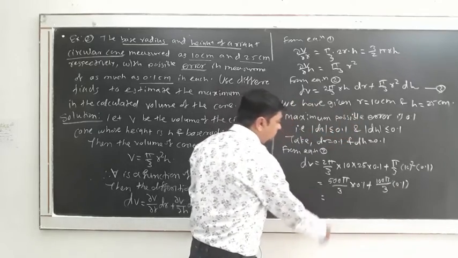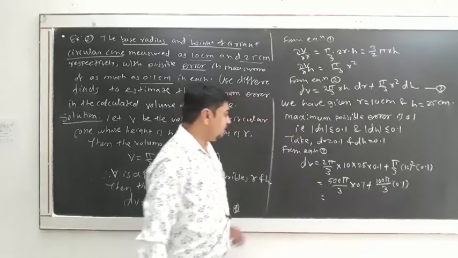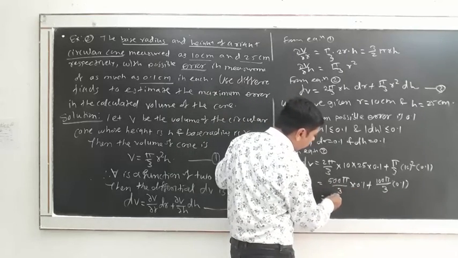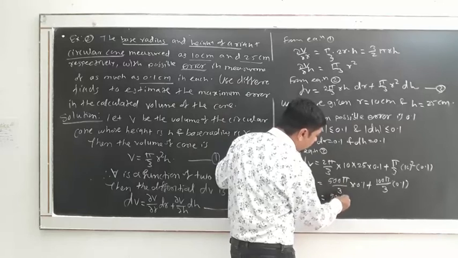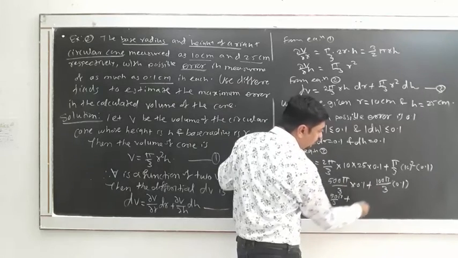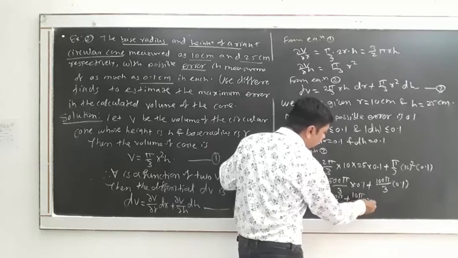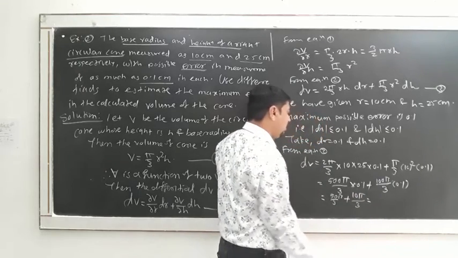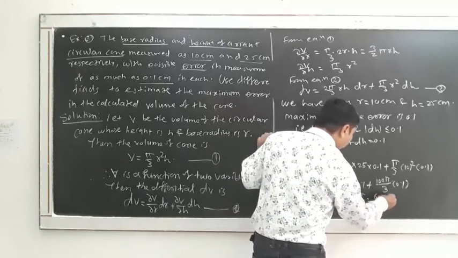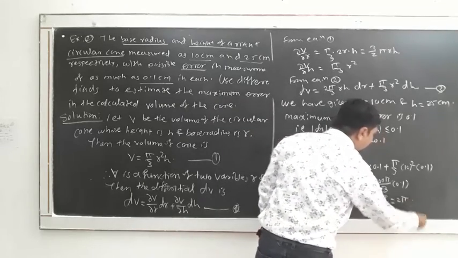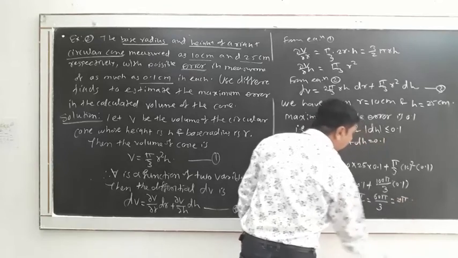So we get 50 by 3 pi plus 10 pi by 3, and 50 plus 10 is 60 pi by 3, which is 20 pi.